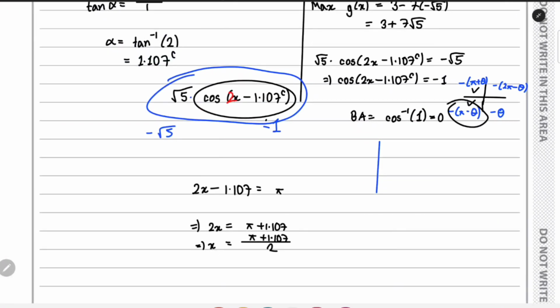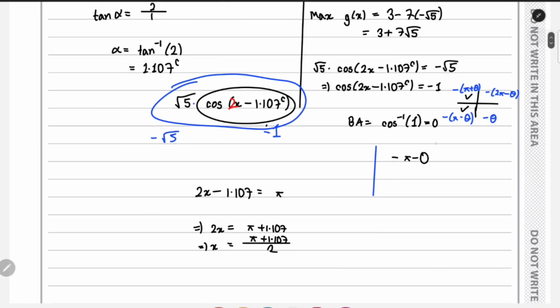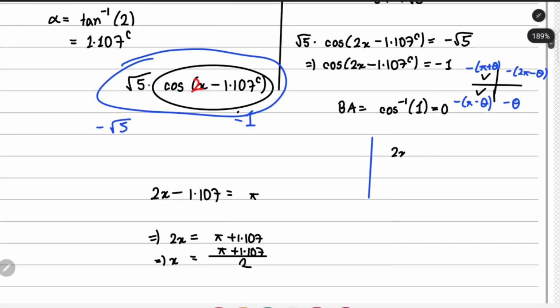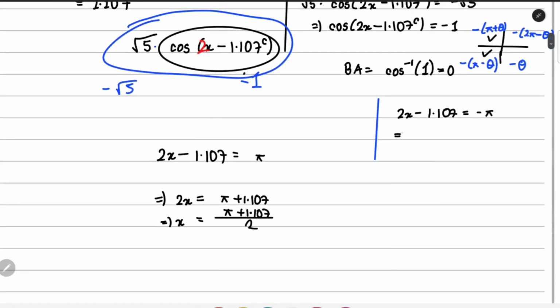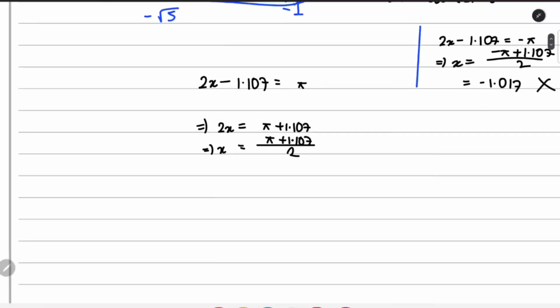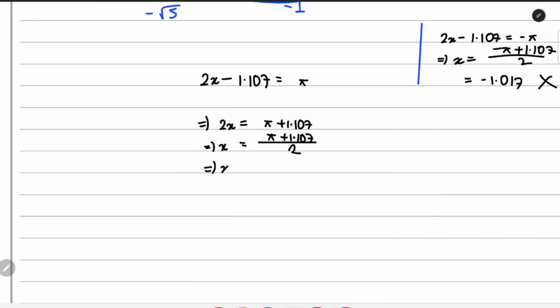Now I'll check this value, minus pi minus 0. So I'll check if 2x minus 1.107 equals minus pi gives us a positive value of x. If I try that, I'll get minus pi plus 1.107 divided by 2, which is minus 1.017, a negative value. So we don't have to consider this. This will be our answer. We want this to 2 decimal places. If we do that, we get a value of 2.12 radians.